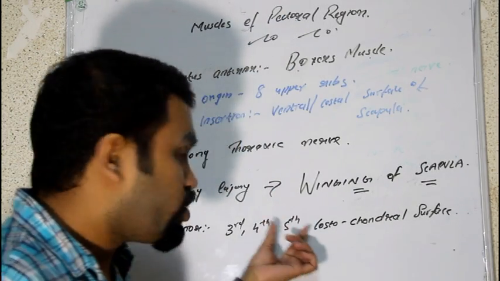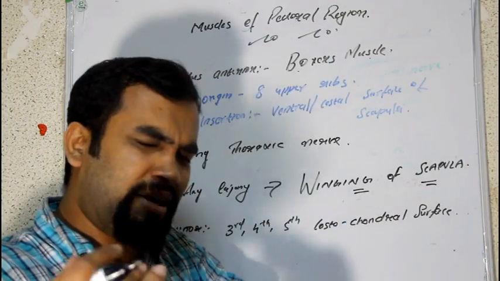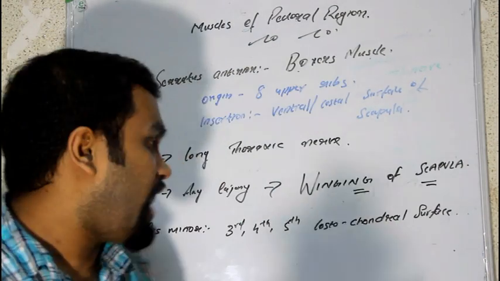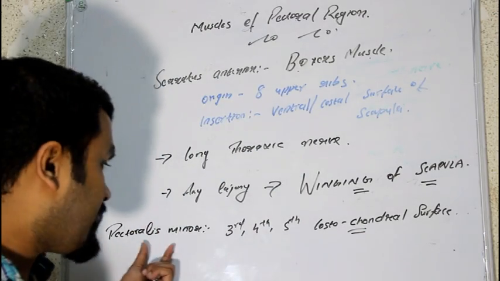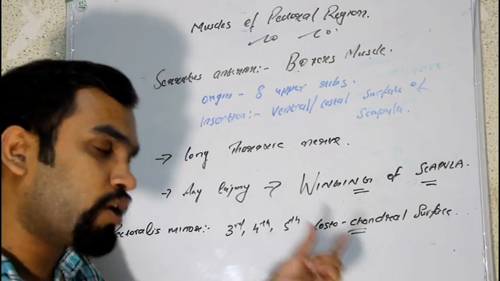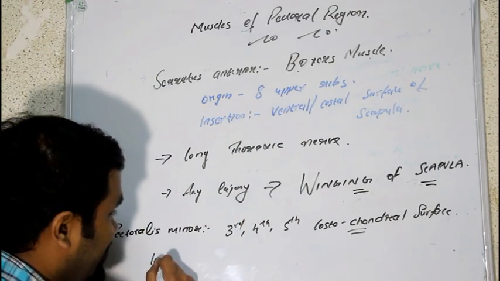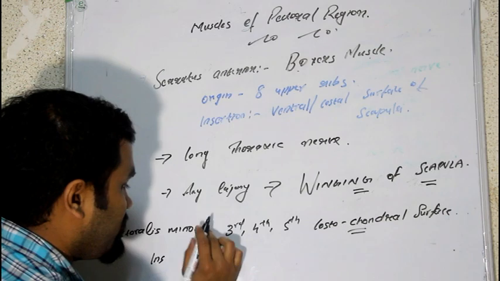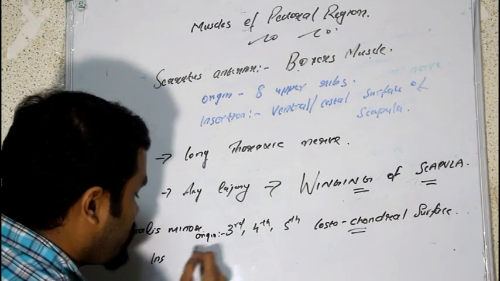Rib, right? Chondro means cartilage. So the rib will be connected to the sternum with the help of cartilage. So there is a surface known as costochondral surface. So this pectoralis minor originates from the 3rd, 4th and 5th costochondral surface. This is the origin.